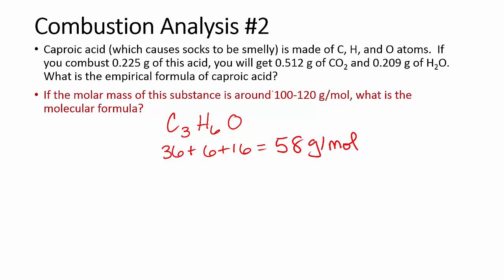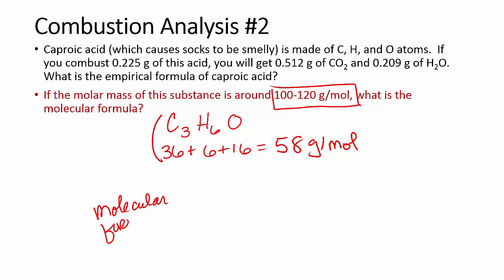And it looks like my molar mass of the actual substance is somewhere in the 100 range. So it looks like this is about double. So if this is my empirical formula, my molecular formula would be twice that. So I'm going to double everything and make it C6H12O2.